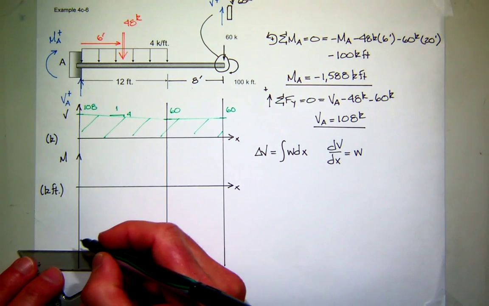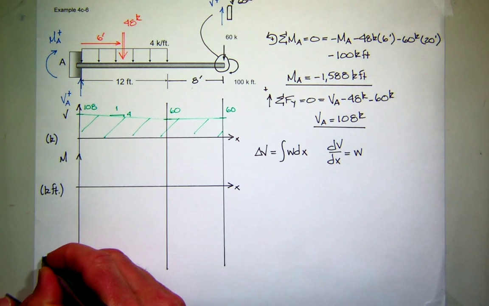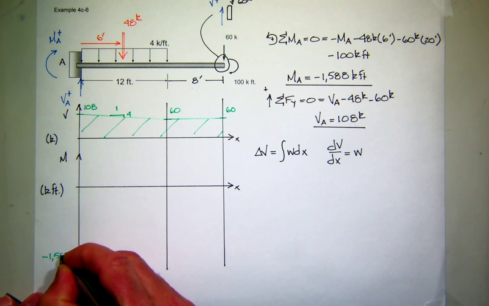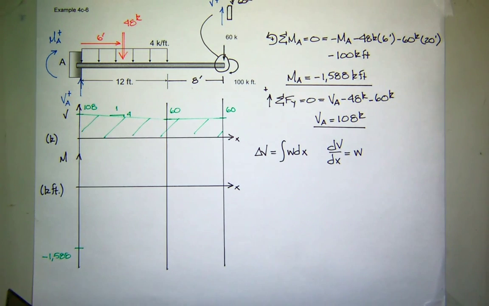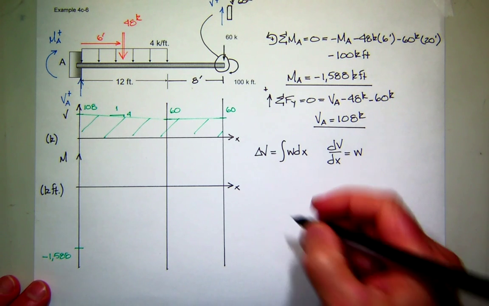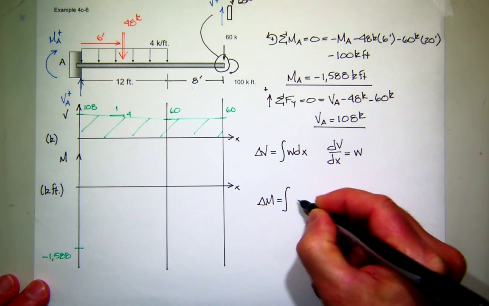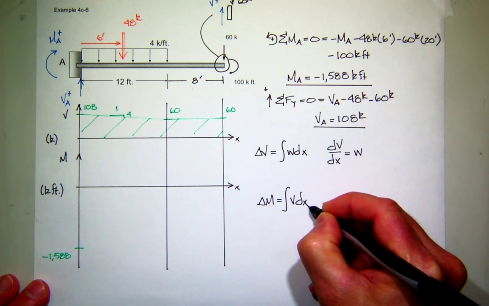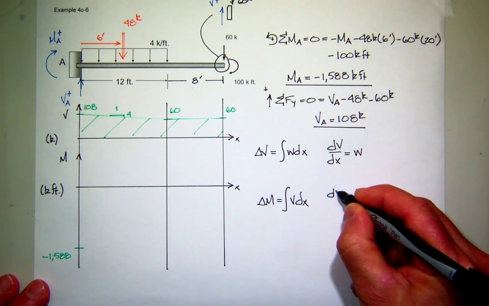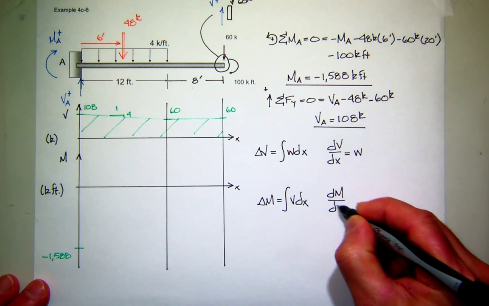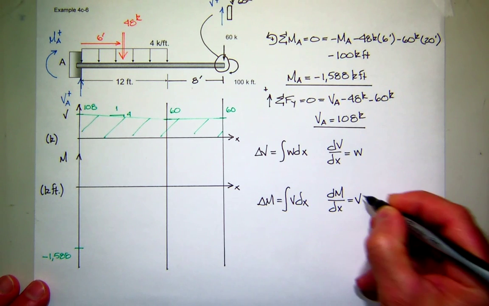So we're going to start off at negative 1,588. Now we know that the change in moment is the area under the shear diagram, and that the slope of the moment diagram is equal to the shear.